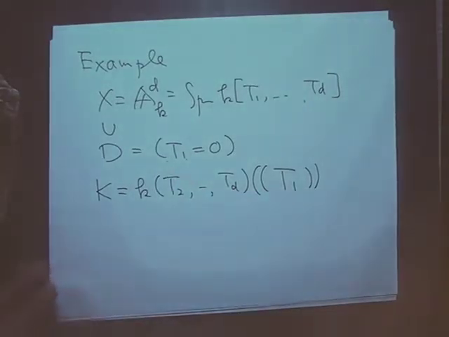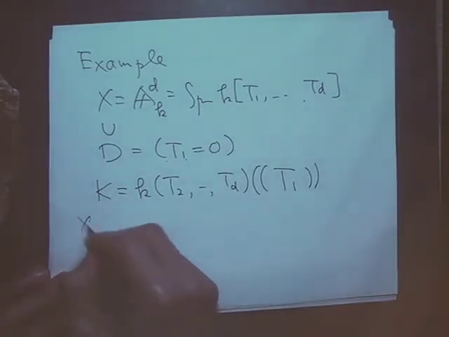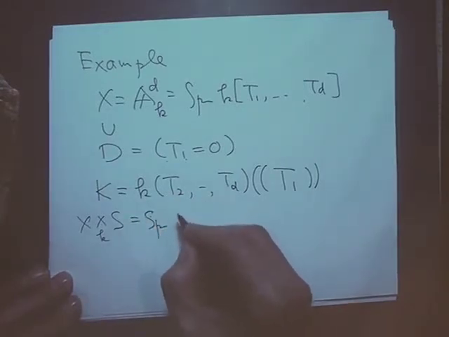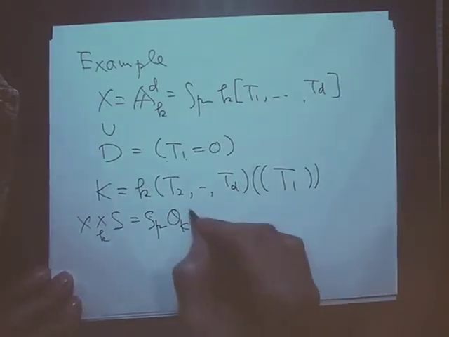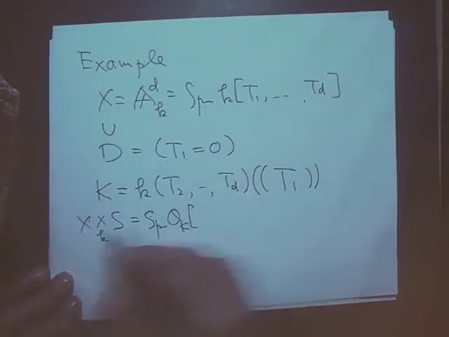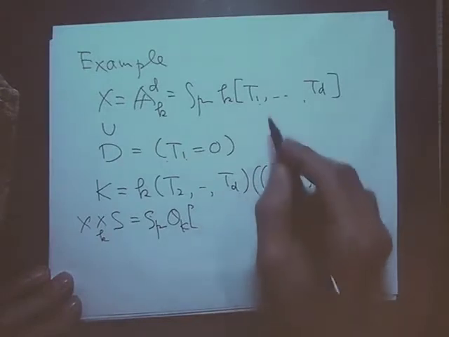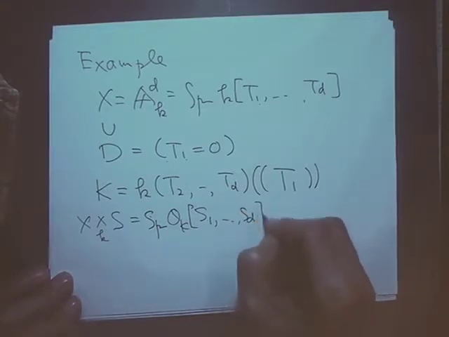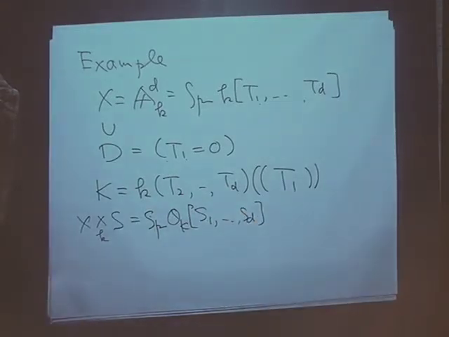Okay. Now I take the product. So this is just Spec of O_K. And I need another parameters. So this is just base change, but I need other letters. So let me call it S something.